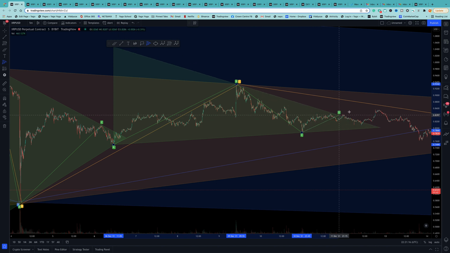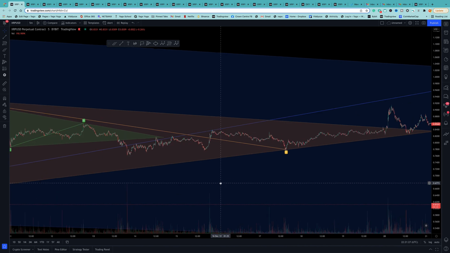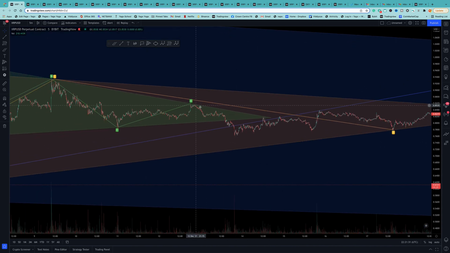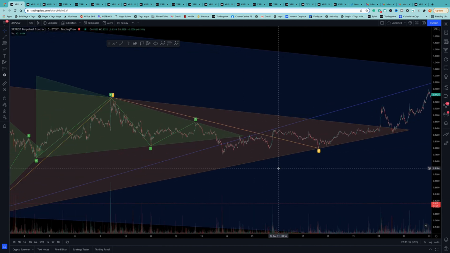Look at this messy sideways action here. But still, look, there's a wave up, down, up, down. I'd say down here is a breakout, a messy sideways action.